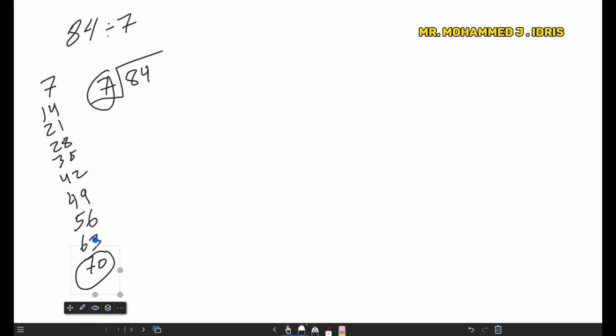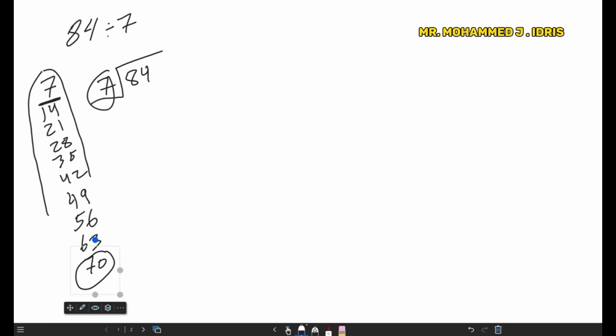So let's start with the first digit here, 8. 8 divided by 7. Do we have 8 in the multiples of 7 here? I don't, but 8 comes in between 7 and 14.